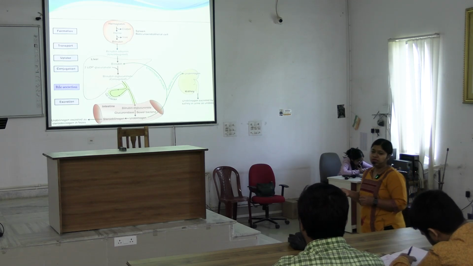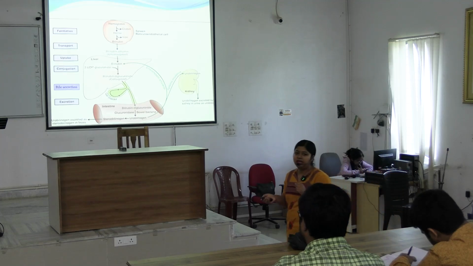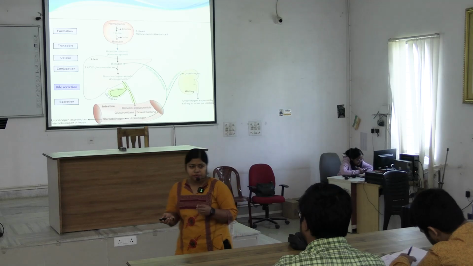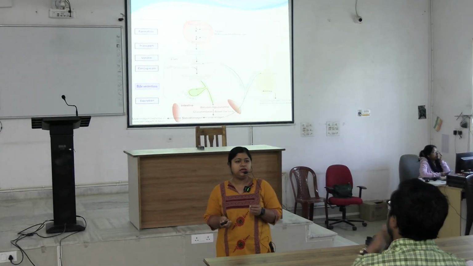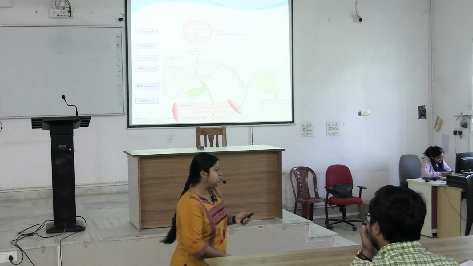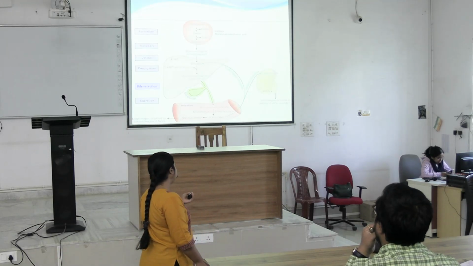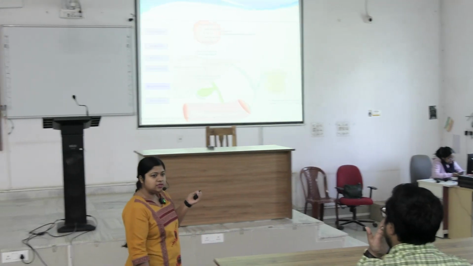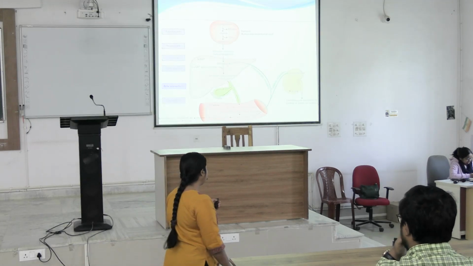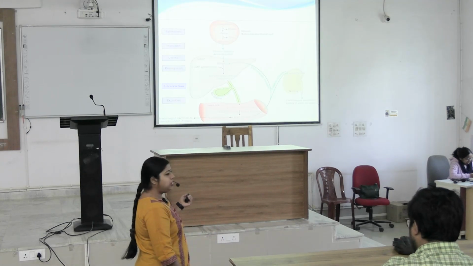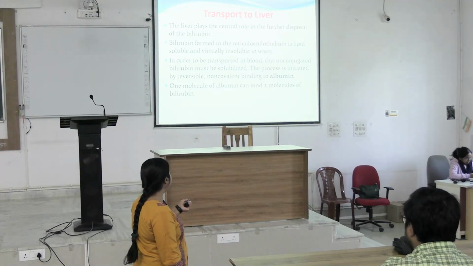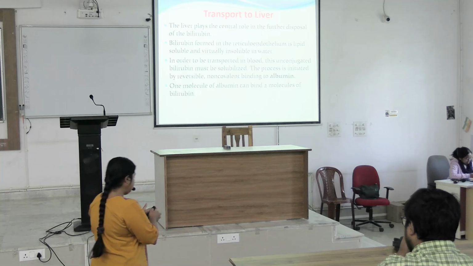So if asked the reason behind the pale yellow or straw yellow color of urine, that is urobilin. In normal urine, urobilin pigment is present in normal amount, and it comes from urobilinogen reabsorbed from the enterohepatic circulation and carried to the kidney by the systemic circulation. So, is this clear? This is the overall pathway, and I will now tell it in detail.